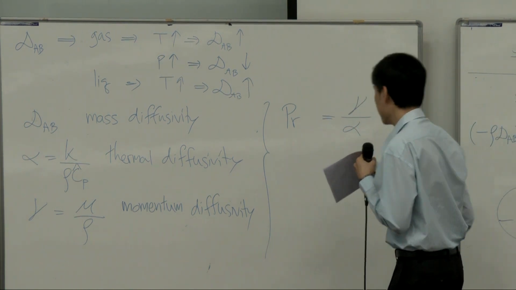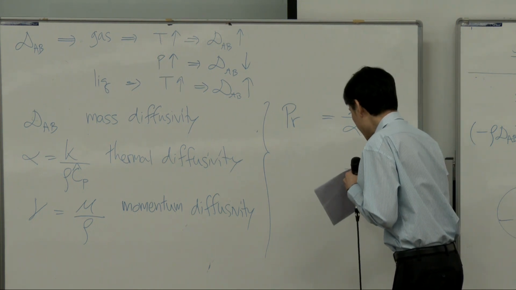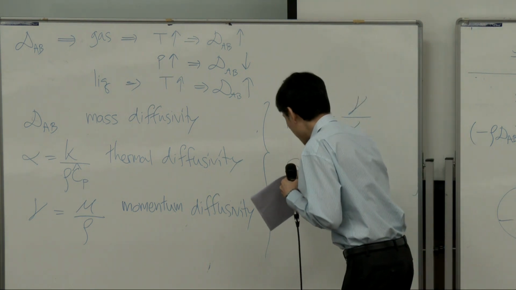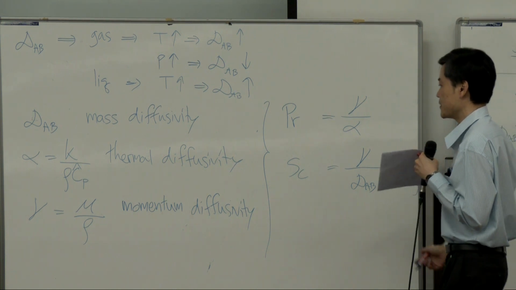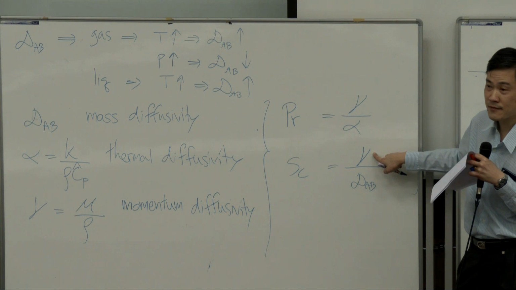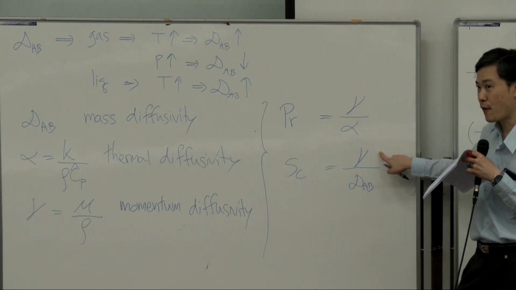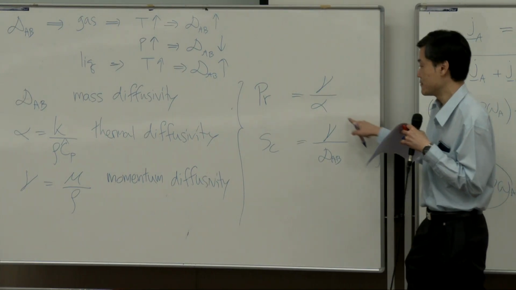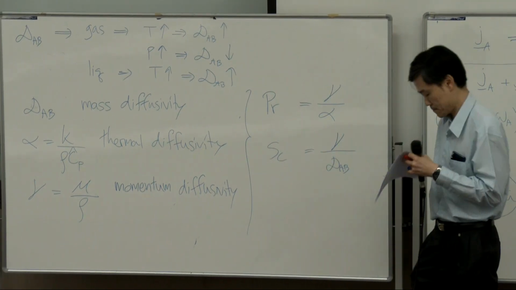We discussed this already. What about another ratio? If I take nu over mass diffusivity, DAB, this is called Schmidt number. Okay? So whenever we have flow of fluid, and we also have diffusion of mass inside that flow, of course, it would be called convective transport of mass. We will always get this dimensionless Schmidt number.